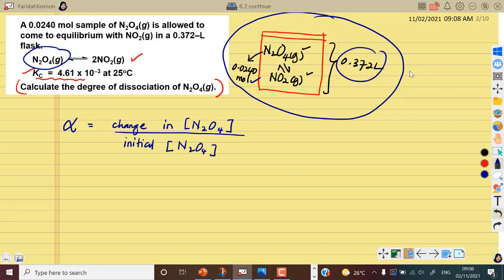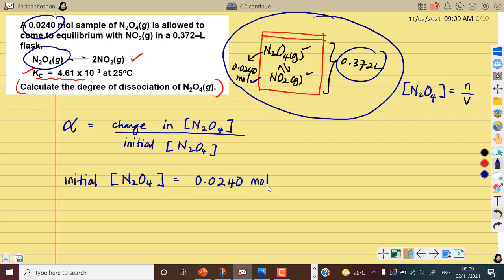Jadi kita tahu bahawa concentration maksudnya, in order to calculate the initial concentration of N2O4, saya boleh gunakan apa? Initial mole of N2O4 divided by its volume, the volume of the flask. Jadi kat sini saya boleh kira terlebih dahulu initial concentration of N2O4, where it is equal to mole of N2O4 given here, 0.0240 mole, divided by its volume, 0.372 liter.